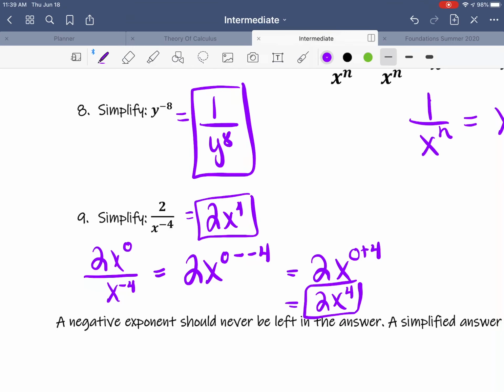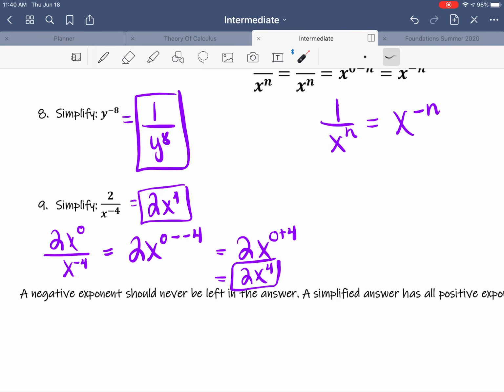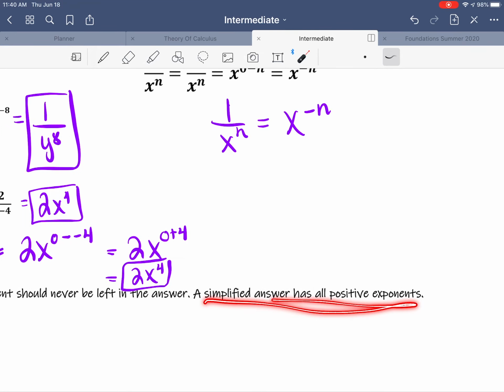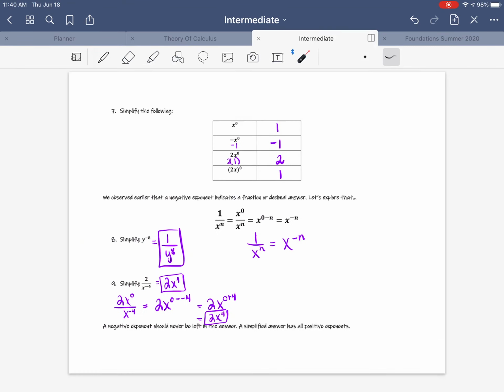So that's a long way of doing it. You can do that if you want to. That is mathematically correct. But essentially the shortcut is if you see a negative exponent, move it over the fraction bar and it becomes positive. A negative exponent should never be left in the answer. A simplified answer has all positive exponents.